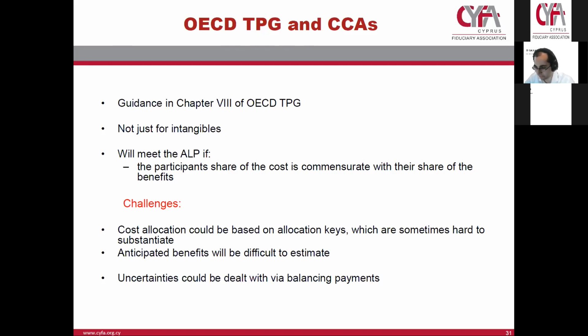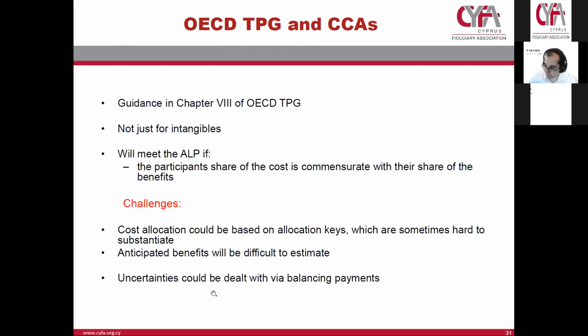Of course, the challenges are, for example, to determine the allocation keys to be used for the CCA from the beginning. Sometimes it's also difficult to determine what the anticipated benefits are going to be, especially when we're talking about hard to value intangibles being developed.